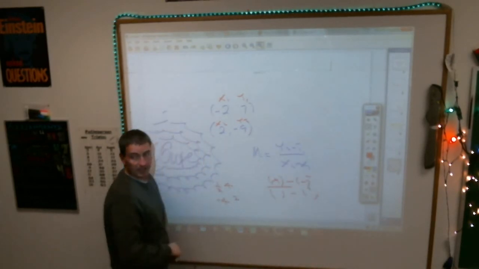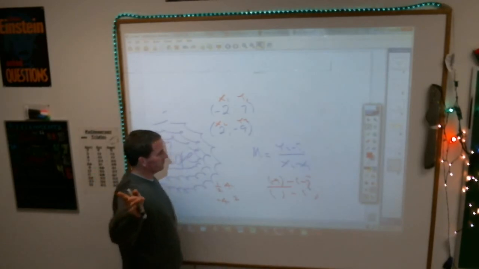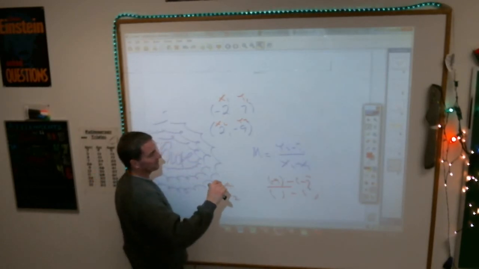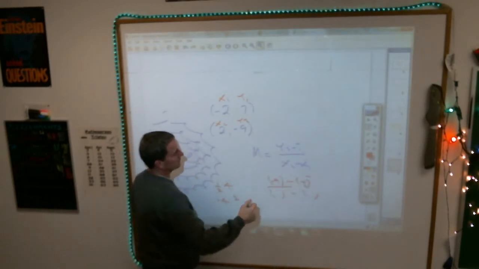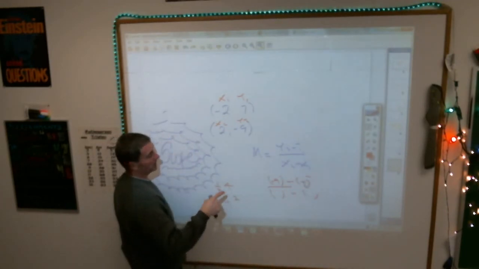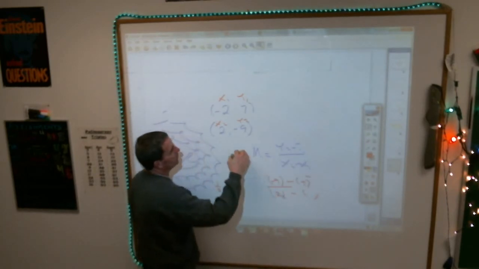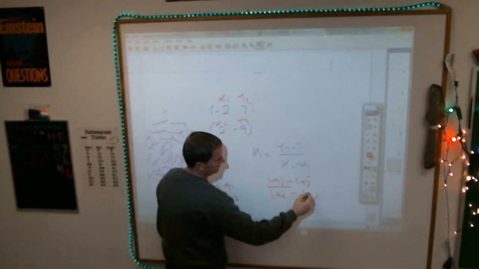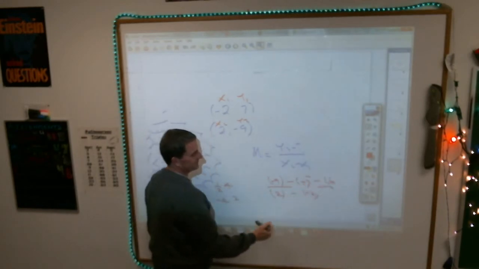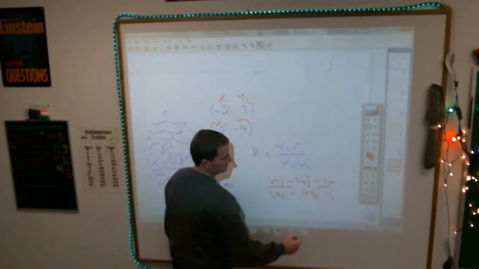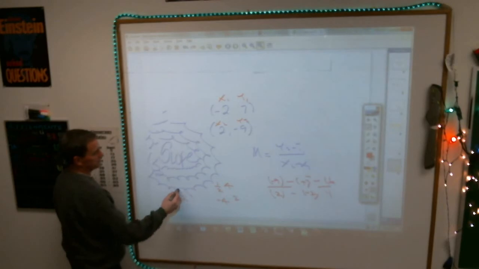Two negatives make positive. Wait, no, it's not -7, it's just 7. Then on the bottom, 2 minus a -2. So on top you end up with a -16 over 4, which is a -4 answer.